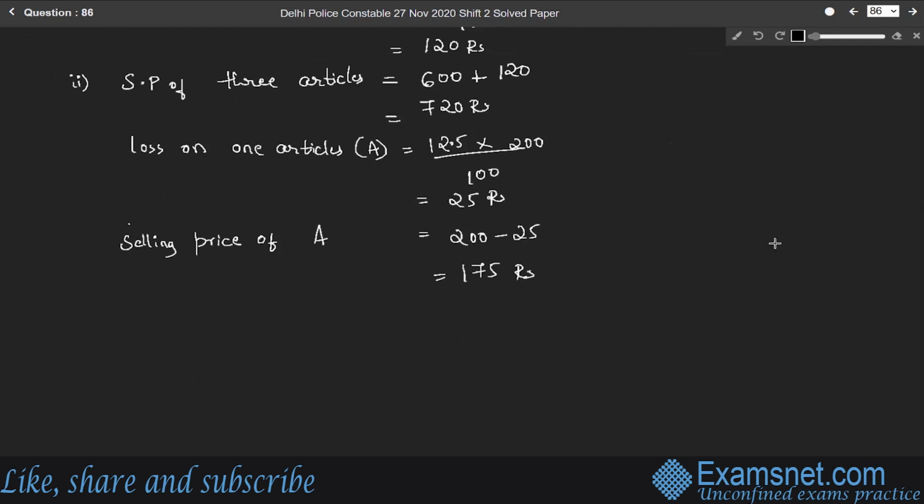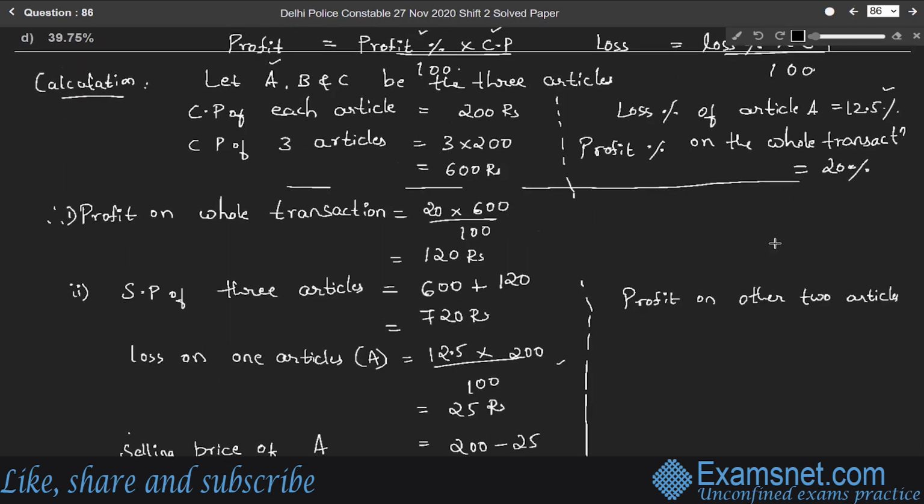Now, profit on the other 2 articles. Loss we have taken here. Previously we calculated profit on the whole transaction.